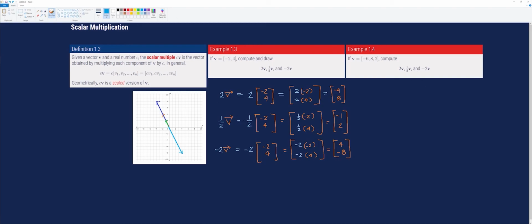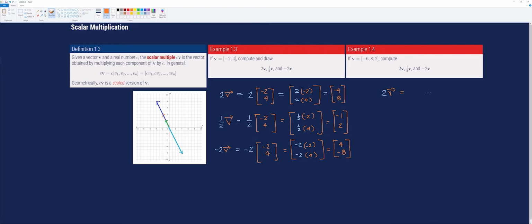Now let's perform the second example. Let's perform 2v, 1/2 times v, and -2 times v using this vector v, which is equal to -6, 8, and 2. We start with the first one.